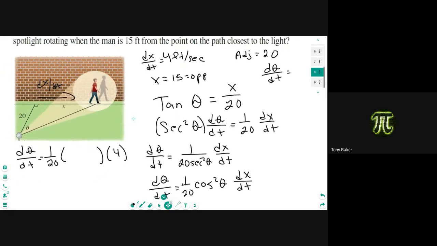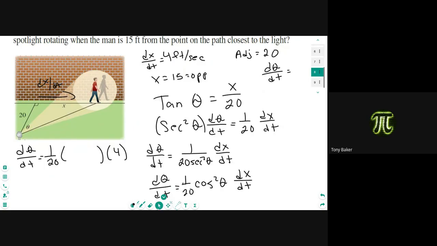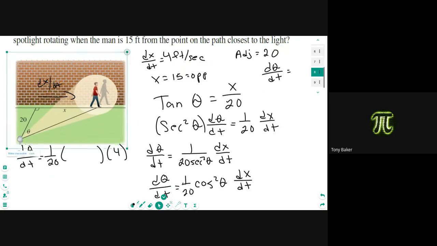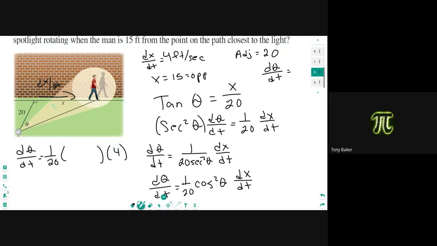I know that this is 15, right? They told me that x is 15. So for cosine, what two sides do I need? Cosine is adjacent over the hypotenuse.